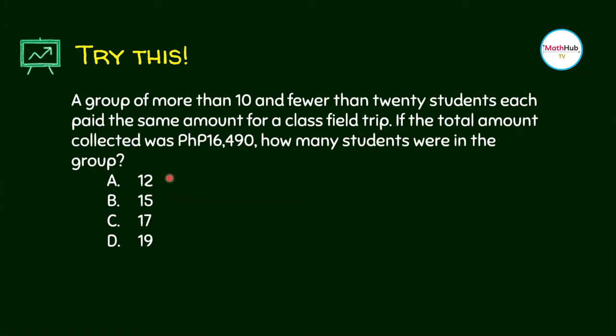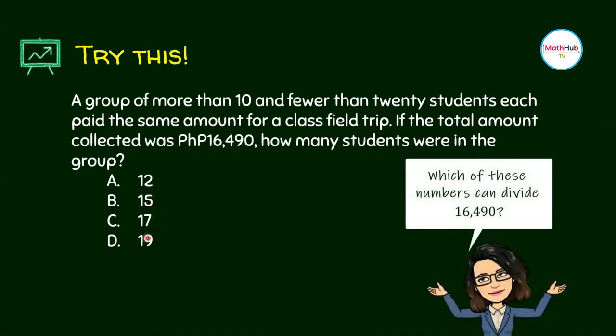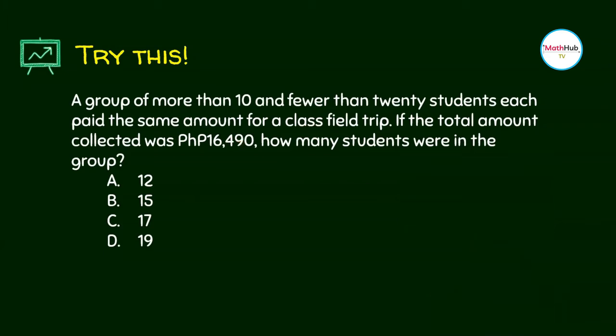So for this one, we have no other option but to check which of these numbers can divide 16,490. The answer is letter C, 17. When you divide 16,490 by 17, look at this.